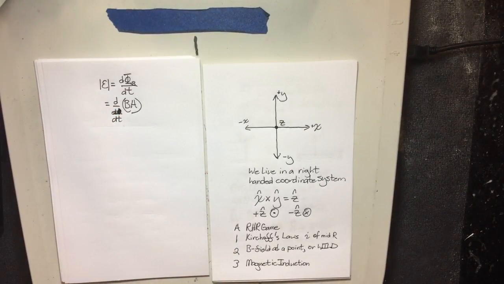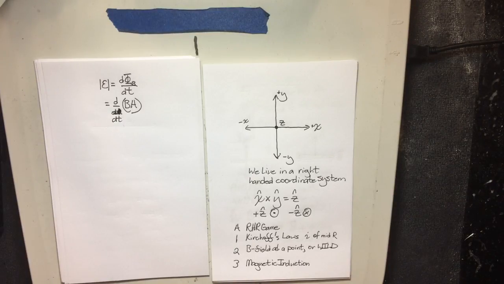When you've got two quantities, B field and area, and they could be functions of time, what you have to do is something called the chain rule, which basically is you take the derivative of the first multiplied by the second, plus the first times the derivative of the second.